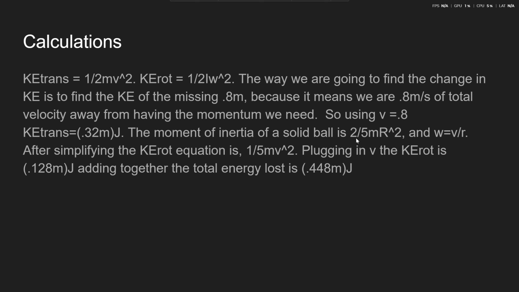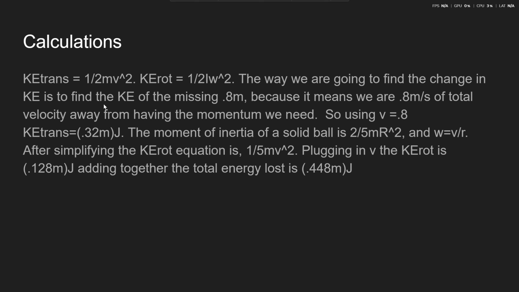In this case, it's 2 divided by 5, and so multiplying by 1/2, it'll lead to 1/5 mv squared. Plugging in the v, KE rotational is 0.128 m, still the mass, joules.